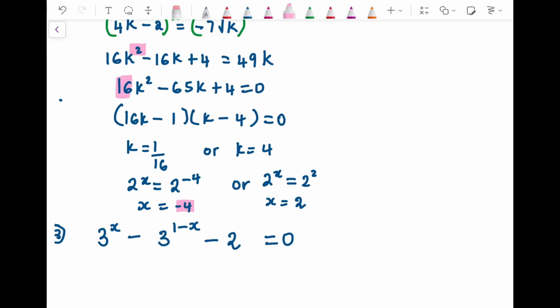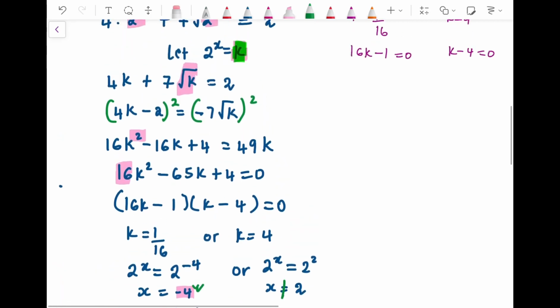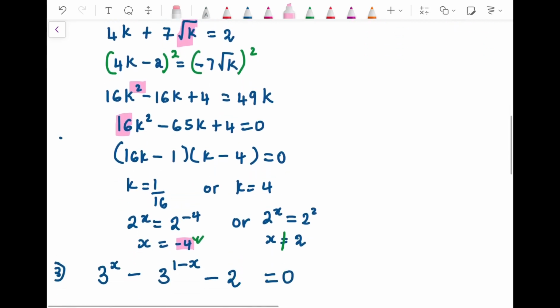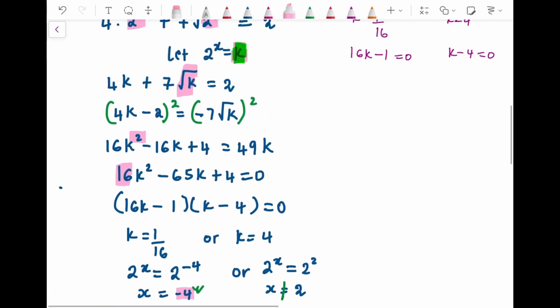So that means this answer is correct. But now if we substitute 2 where there is x, we are not getting 2. So that means x is not equal to 2. The only value that is applicable is x is equal to negative 4.